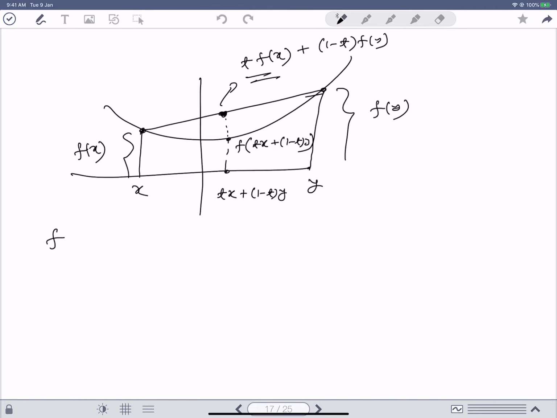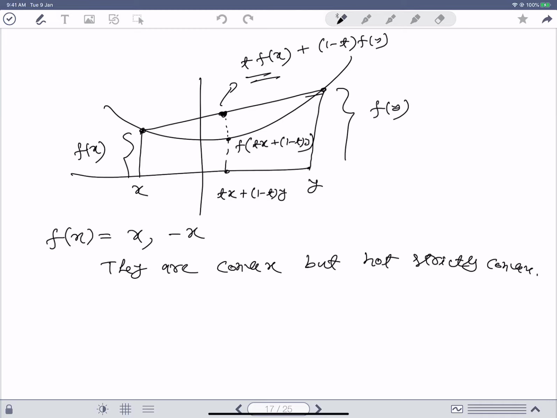Now, for an example, if you take f(x) equal to x and f(x) equal to minus x, they are convex, but not strictly convex.